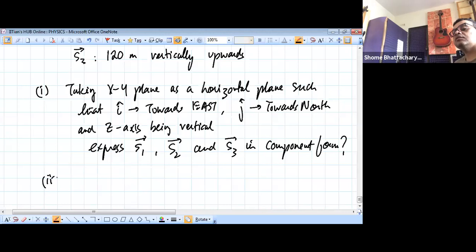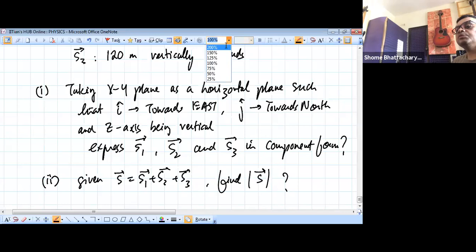Secondly, given S is equal to the sum of these three displacements, one after the other, in succession, find the magnitude of the resultant displacement.